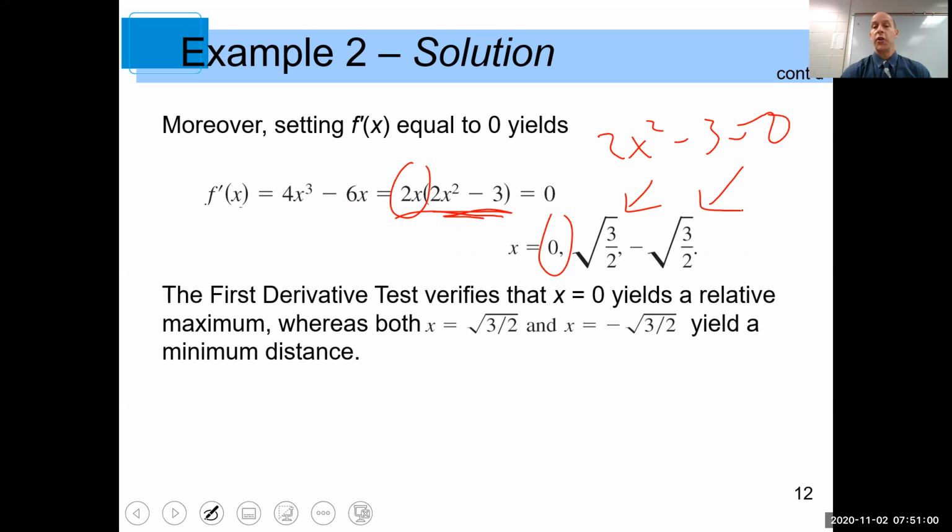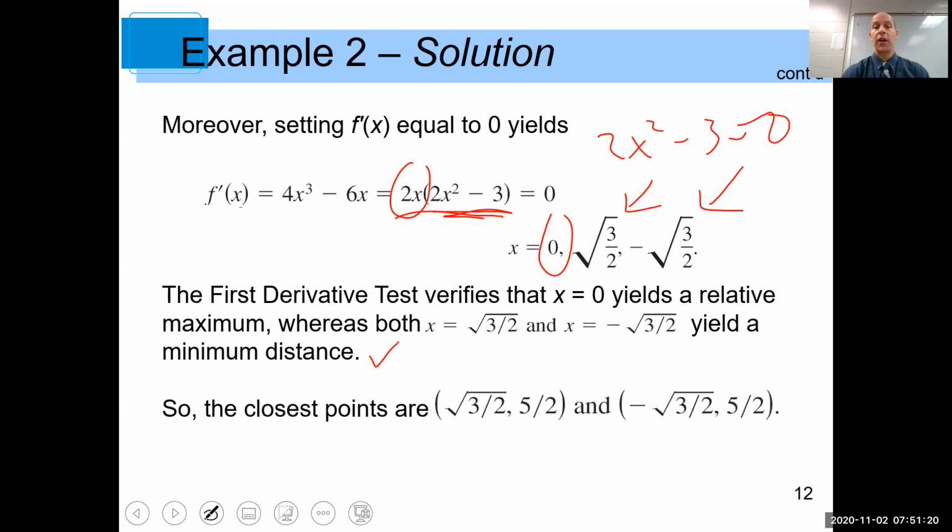All right, so now we can use the first derivative test and determine that x equals 0 yields a relative maximum, which is not what we want. Whereas x equals the square root of 3 over 2 and negative square root of 3 over 2 yield our minimum distances. So the closest points are (square root of 3 over 2, 5 over 2) and (negative square root of 3 over 2, 5 over 2).